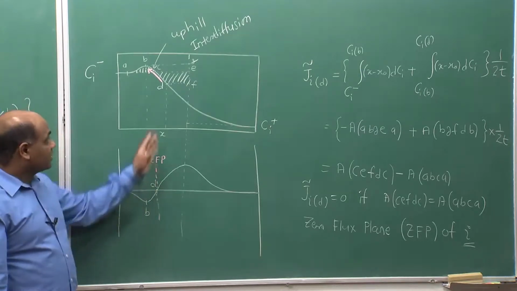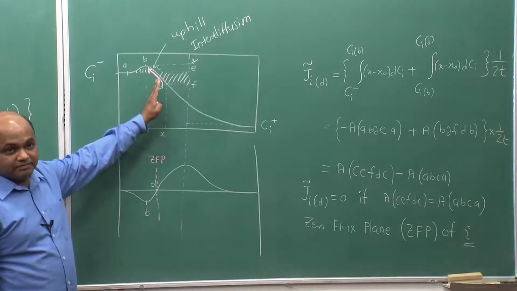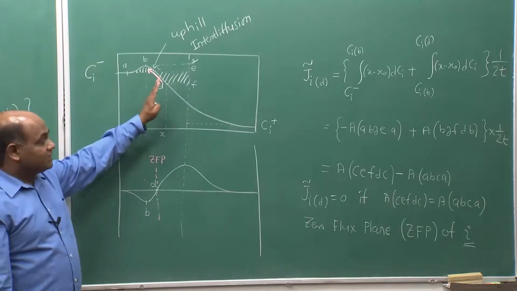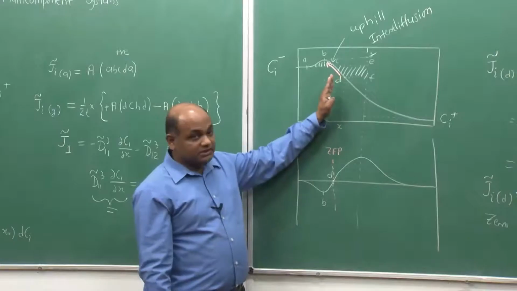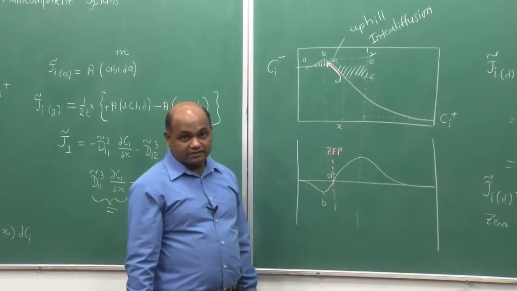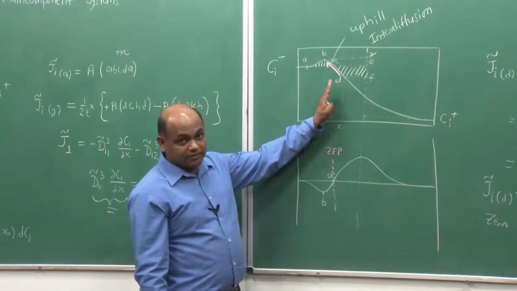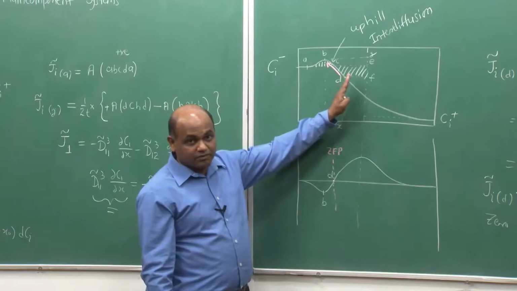Also, we know each composition plane is moving with time, right. We derived the expression for velocity of a composition plane earlier, v of c_i is x over 2t, and so each composition plane is moving with time. So, the zero flux plane is also moving with time.